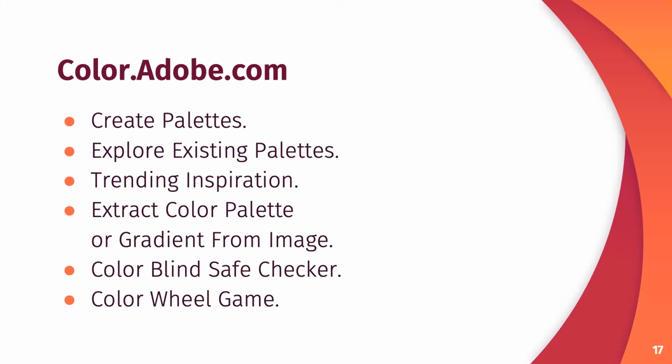You can extract a color palette or a gradient from an image. And they also do have a blind or colorblind safe checker and a game, which the game is okay. But the colorblind safe checker is helpful if you know for a fact there is some color blindness in your audience, or you wanted to see what your image would look like if someone was colorblind and looking at it.